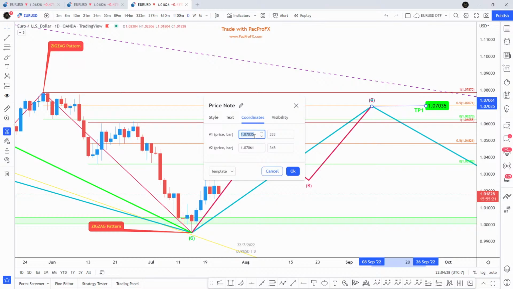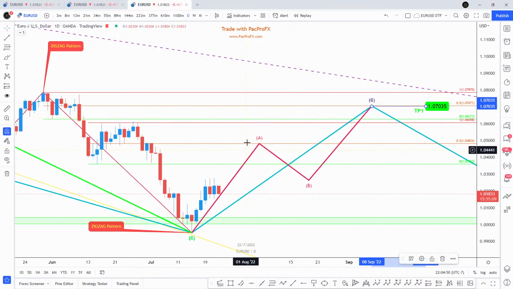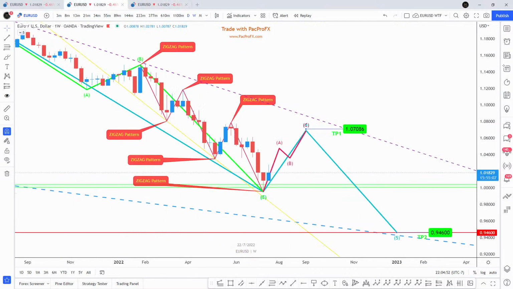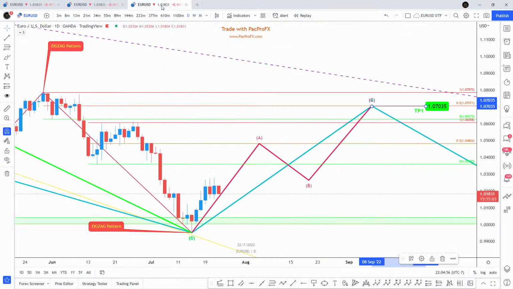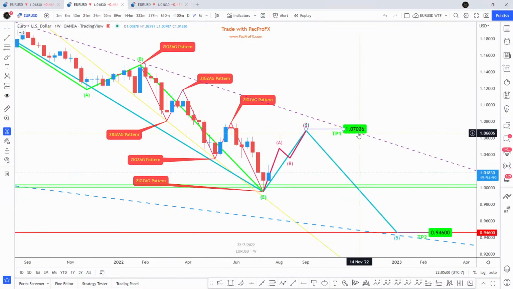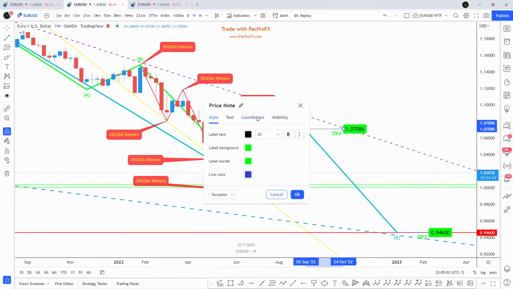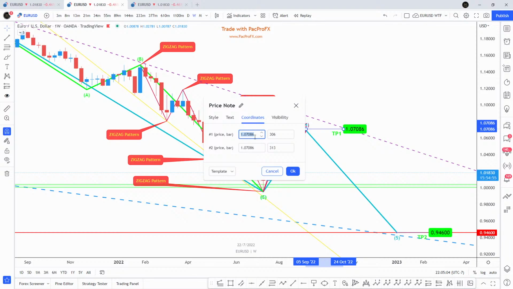So let's update all of them. I have no shame in telling you guys that I just made a little mistake because I didn't measure properly. But guess what? I do go back and fix them. So we have 07035 is the right one.